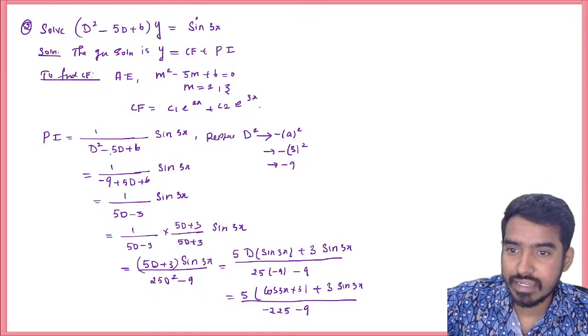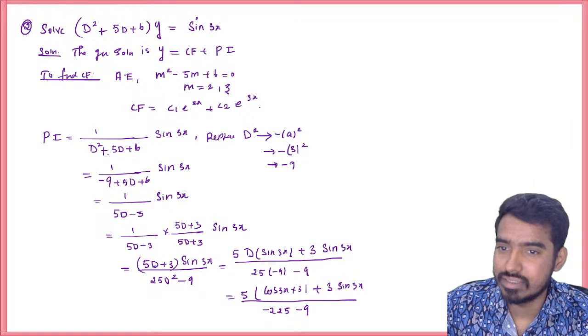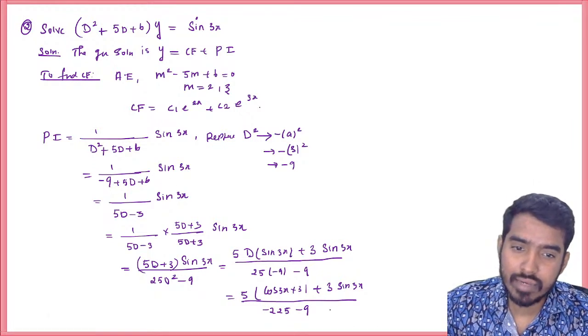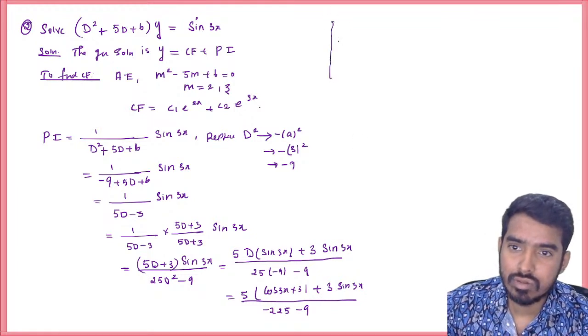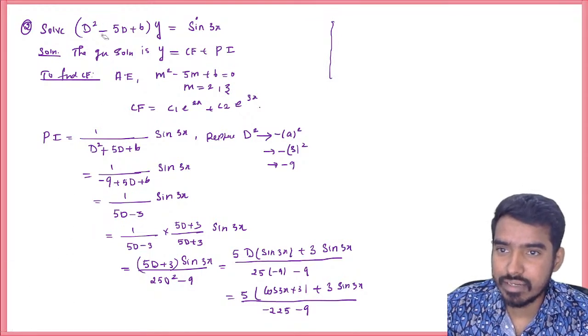The question is minus. Okay, so we change the sign to plus, right? So we change it to plus, no problem. So this will be the required PI, right? This is the required PI. So if it is plus, it means the root will change, right? Okay, the question is minus here, but I wrote a plus here.